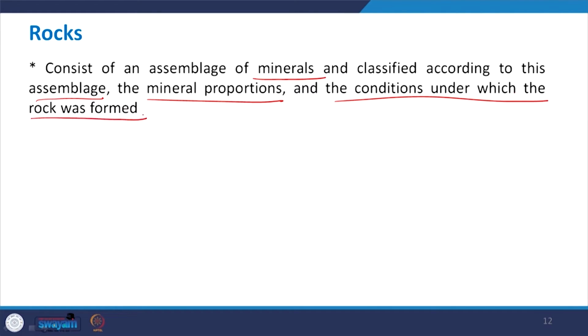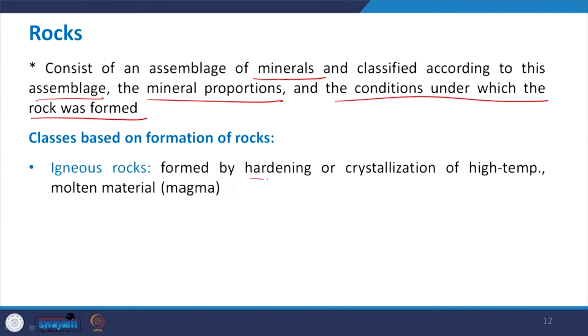This condition under which the rock was formed is very, very important and one of the major factors deciding its properties. So, based upon the formation of the rocks, classes have been defined. The first class deals with the igneous rocks.